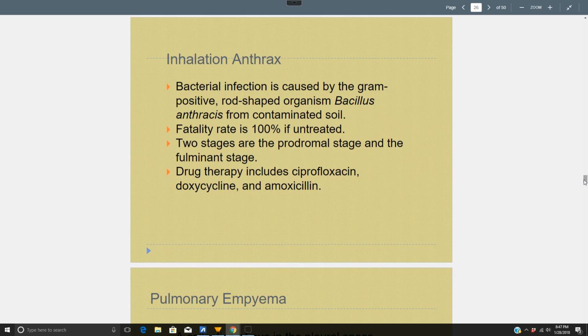A few years ago, a lot of the rumors were that we were going to be threatened with a terrorist attack with the anthrax organism. That's when the people who make ciprofloxacin put out tons and tons of this drug to be prepared if we were attacked with such a horrendous type of bacteria. We know it mostly comes from contaminated soil.